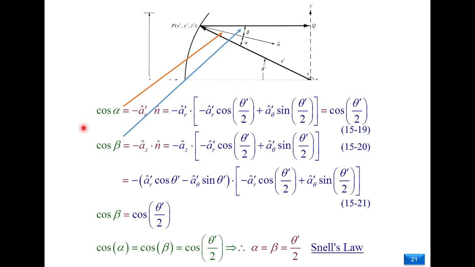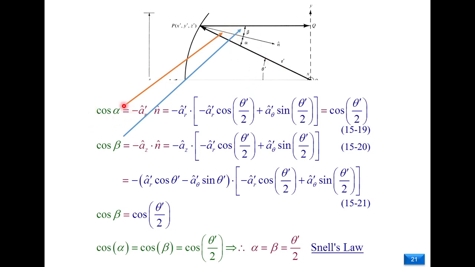We now need to calculate alpha and beta. So cosine alpha equals n dot product with a_R prime. Just do the math, we'll find this equals cosine theta prime over 2. So this angle is theta, this angle is theta prime, this angle is theta prime.